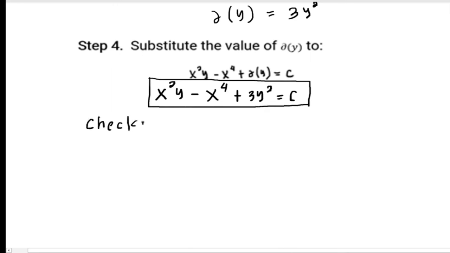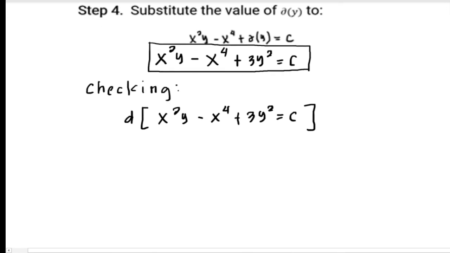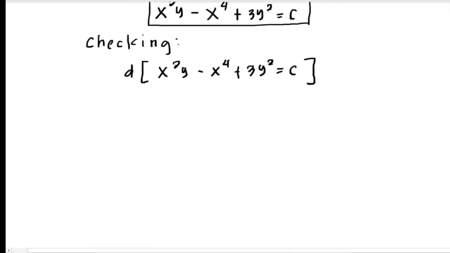And for checking, we will just get the differential or derivative for this equation. x squared y minus x to the 4th plus 3y squared is equal to c. The derivative for x squared y, we are going to use the product formula.